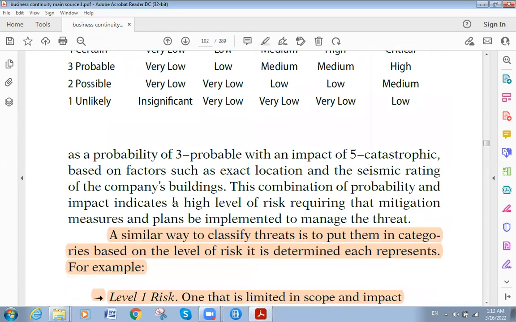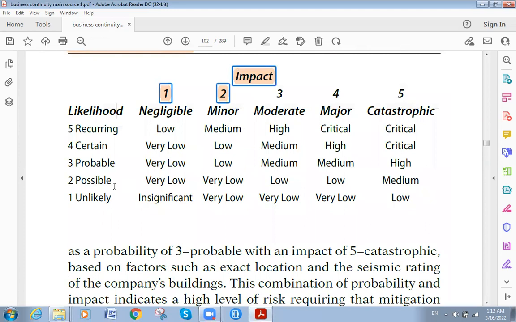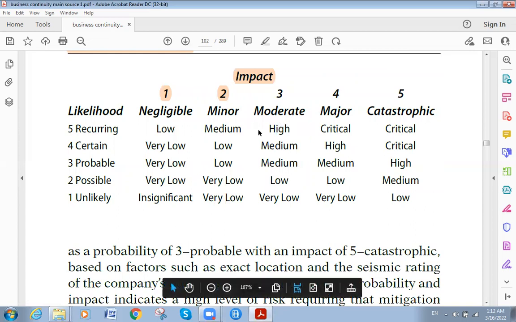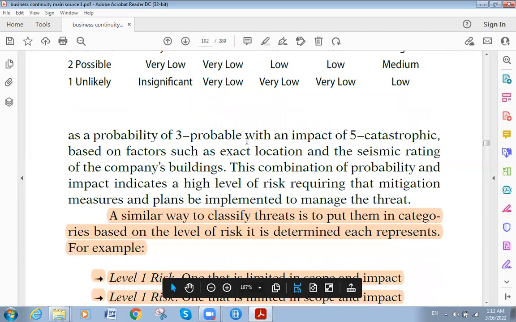Some of them are very low here, because it is possible but very low, and the impact is very low. So it's very low in this area, here low and here low, so it comes here as minor. The moderate is like high, and also recurring. So it's recurring, gives high, and also moderate in the impact, and so on.